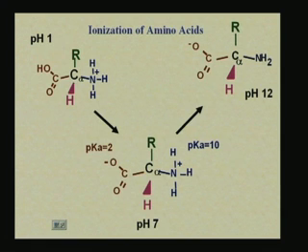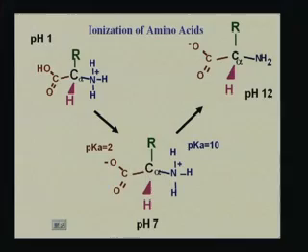Why? One corresponding to the loss of the carboxylic acid H, the other corresponding to the amine H plus. So, this is where I get one set. What is this pKa? This is pKa 2. What does that mean? It means that as I close on and reach the pH close to 2, I am going to lose this proton. Okay.